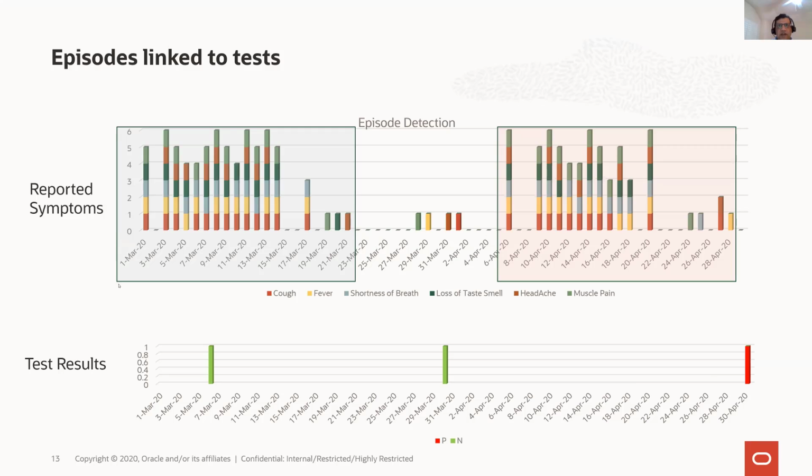So once you have identified these clusters, it was easier to correlate a cluster boundary to a specific test and say that most likely this group of symptoms came from a non-COVID illness versus this group of symptoms was related to a COVID illness.